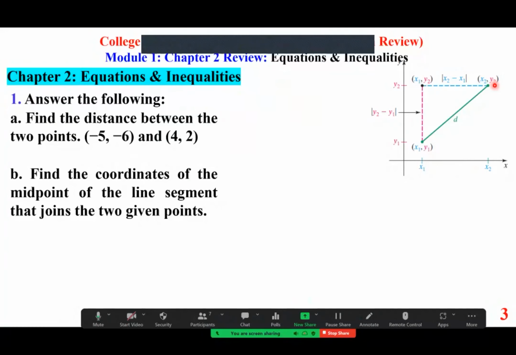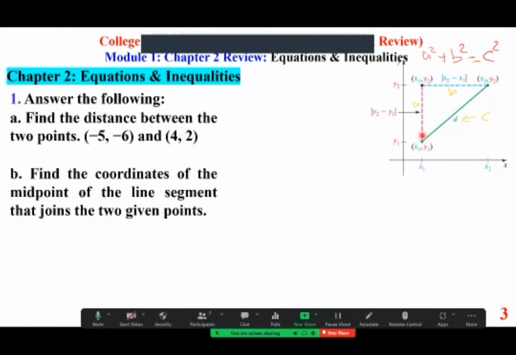Using the Pythagorean theorem, a squared plus b squared equals c squared. If you take this to be a, this one to be b, and this is the c, we can get to the answer, which means square this side, put it under the radical, and it gives you this side.